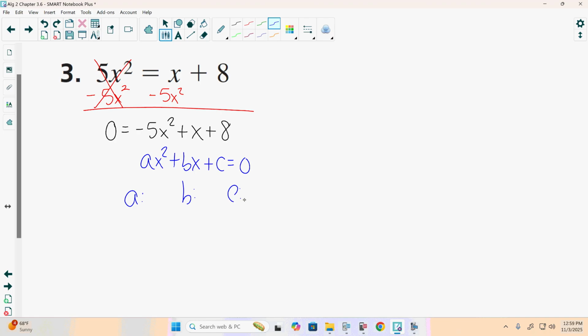A is negative 5, b is 1, and c is 8. So we have negative b plus or minus the square root of b squared minus 4ac all over 2a.